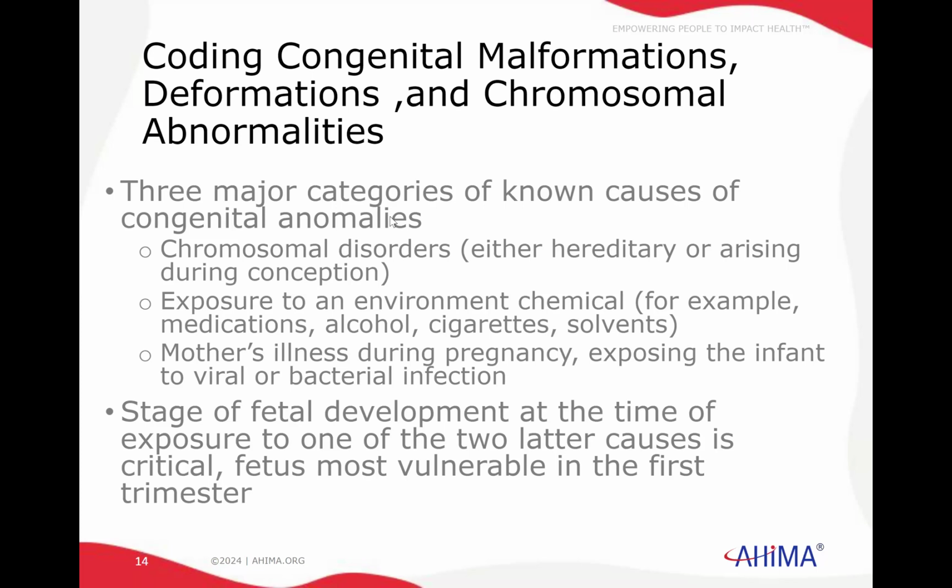And then there's the mother's illness during pregnancy, such as rubella. The stage of fetal development at the time of exposure to one of these latter 2 causes is critical. The fetus is most vulnerable in the first trimester.